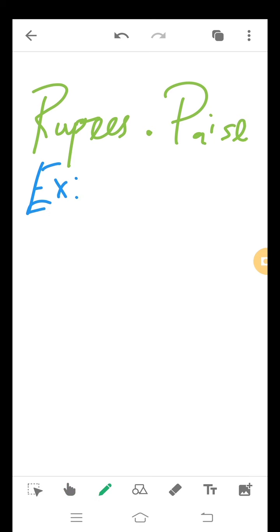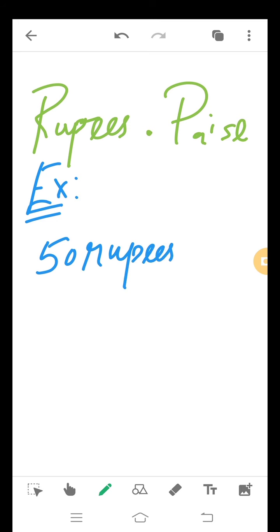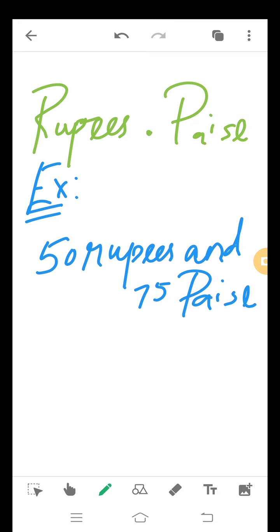Now see this. Note number 4. This is one of the important concepts. See this point. This point separates rupees and paise. For example, 50 rupees and 75 paise. How will you mention it?